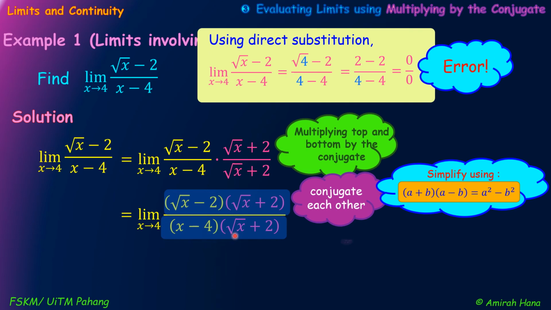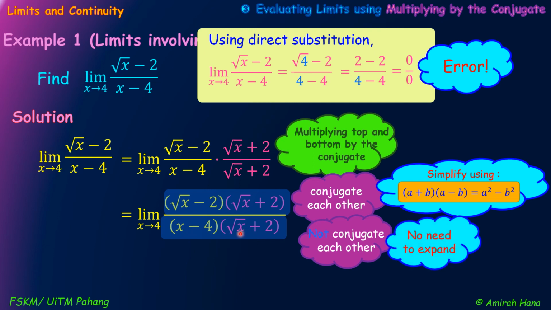But in the denominator, there are no conjugates of each other, so in this case we do not need to expand. We just expand and simplify the terms that are conjugates using this formula.